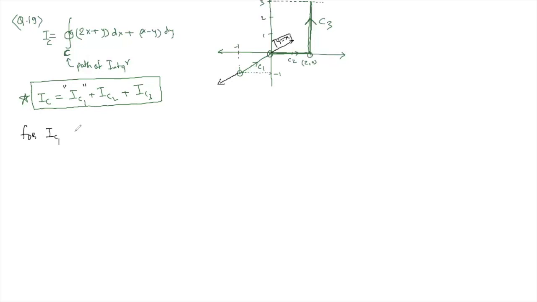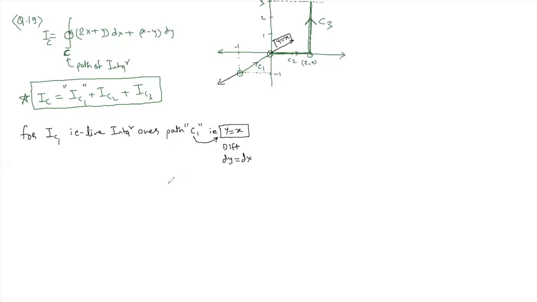That is the line integral over path C1, that is y equals x. The path C1 is y equals x, right? The 45-degree line is y equals x. Now what if I differentiate this? Do you see dy equals dx?